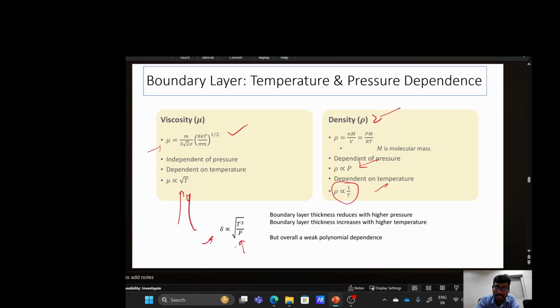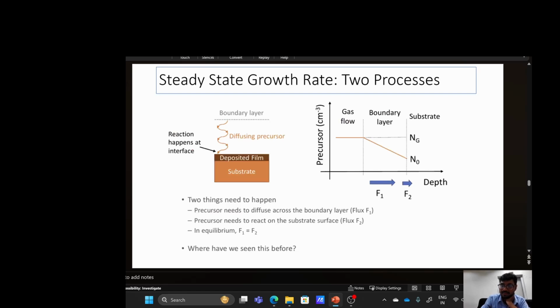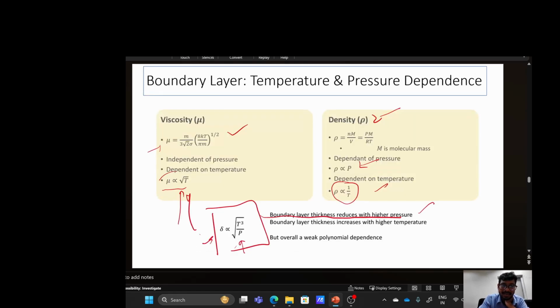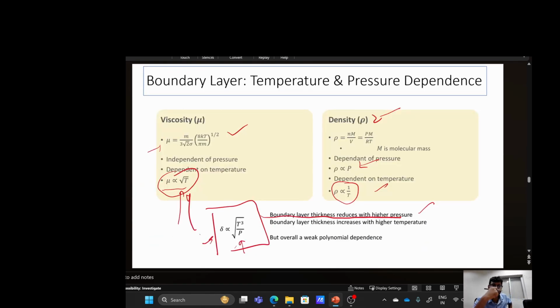The boundary layer thickness reduces with higher pressure, and it increases with higher temperature, maybe because of the random motion. From the formula itself, mu and rho are there, so delta is dependent on them.